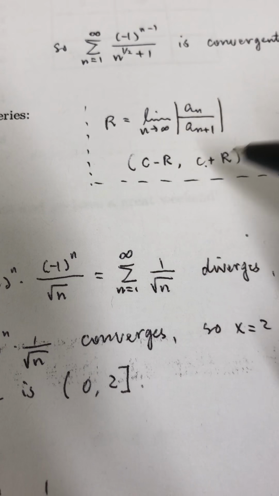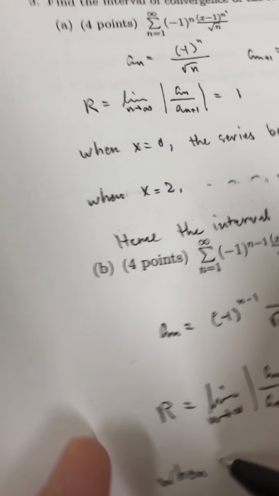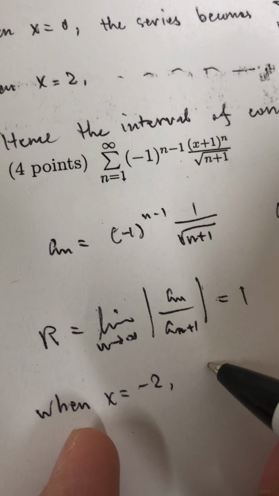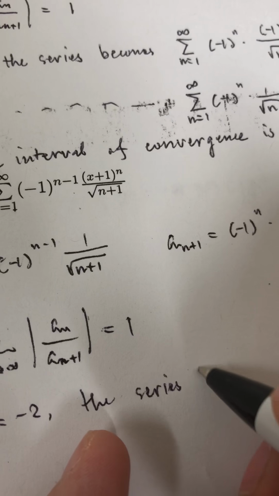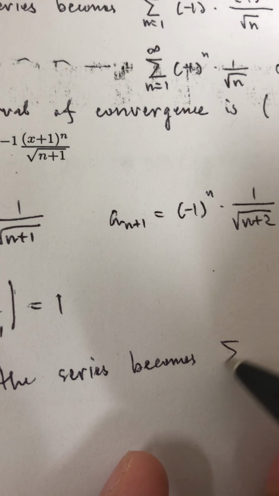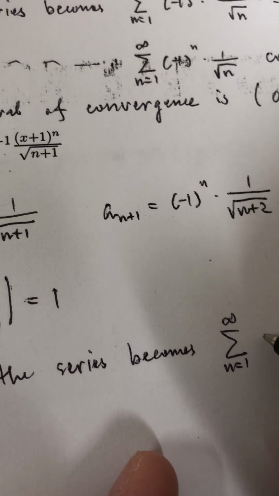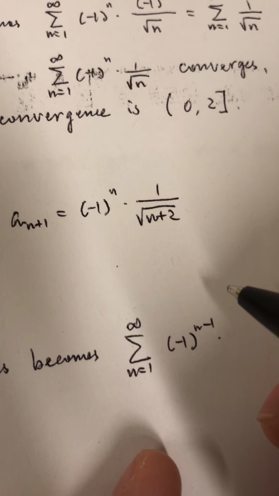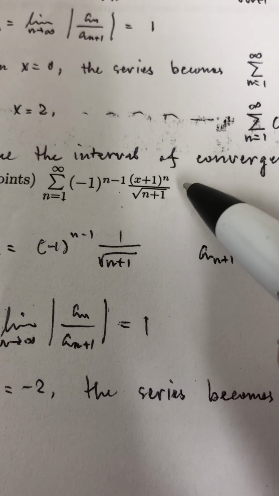Let's check the boundary points. When x is equal to negative 2, the series becomes sigma n from 1 to infinity, negative 1 to n minus 1 times, okay, x is negative 2, so negative 2 plus 1 is negative 1.